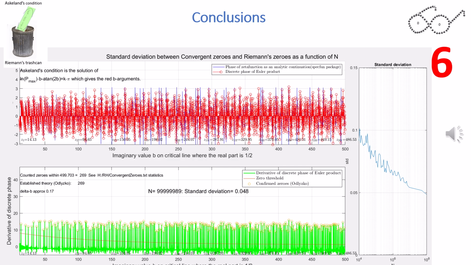Here you can see that the standard deviation is reduced to 1/2 when squaring the length of the zeta function from n equals 10,000 to 100 millions.